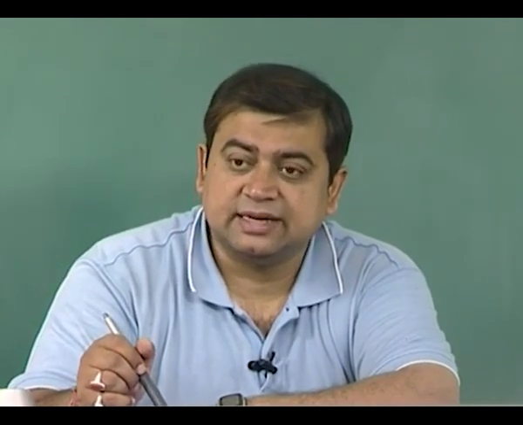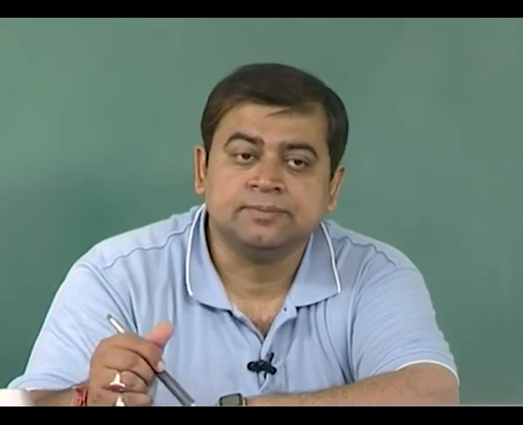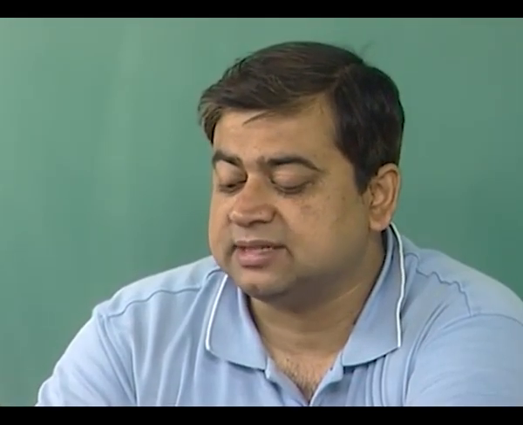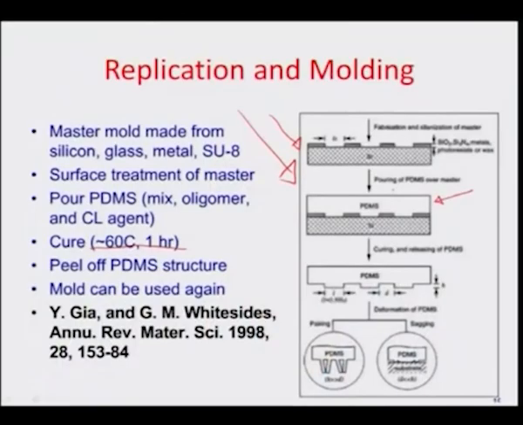So, in order to accelerate the process, you have to heat cure it. Applying heat is equivalent to applying a catalyst, and so it gets into a rubbery form. Because the mold release agent is already there on the mold, the rubbery form can be withdrawn from the mold without much problem, and you have the exact negative of the features which were there in the mold imprinted onto this PDMS. So, it is like a rubber stamp that you are making in this process.